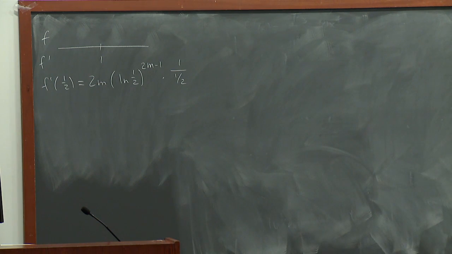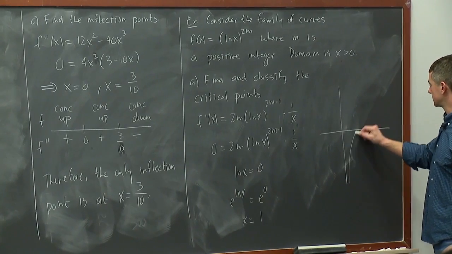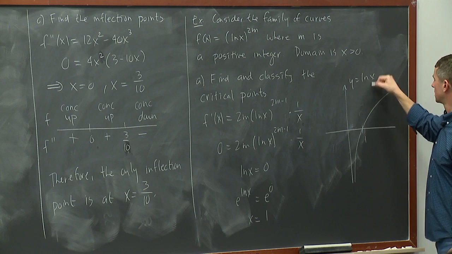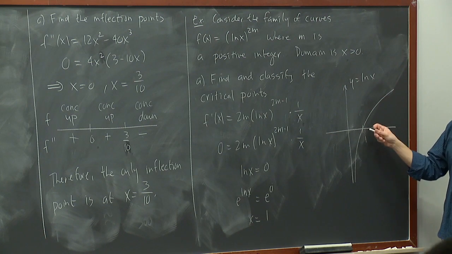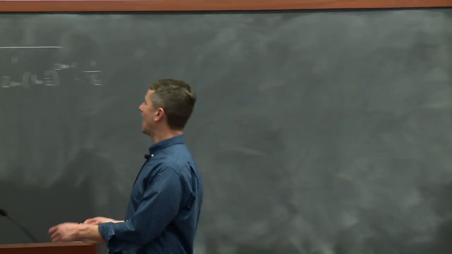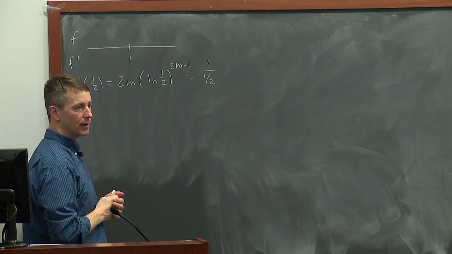So let's remember what the graph of ln looks like. ln of x looks like this. So that's why ln of 1 was 0. But if I take a number over here like 1/2, what kind of output do we get? We get a negative. So here, I've got a negative raised to what kind of power?